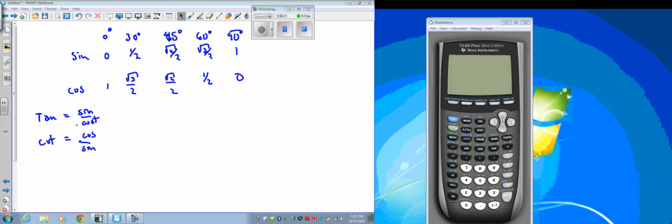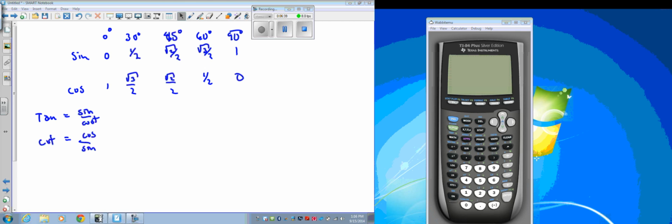Tangent is equal to sine over cosine is an identity. And because tangent is equal to 1 over cotangent, or cotangent is 1 over tangent, then it's just the invert of this. What I'm showing you is that once you know these, then all of these are calculable.